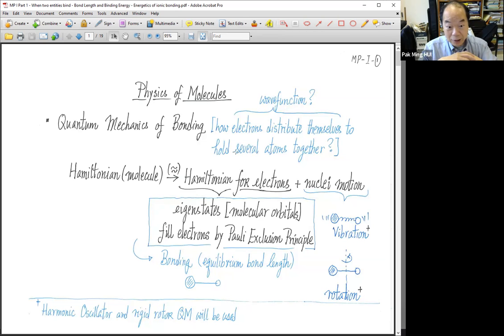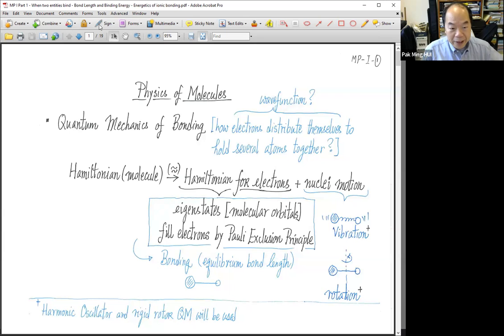So we would like to do some balance sheet of energy in order to see why something binds. Part 2 is the heart of this module. It gives you basically the full picture of what is a molecular physics problem and introduces the most important approximation called the Born-Oppenheimer approximation. Okay, so that is the scope for the beginning parts of the module.